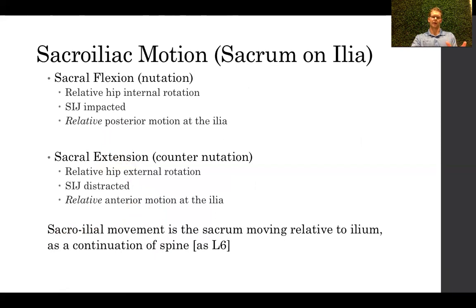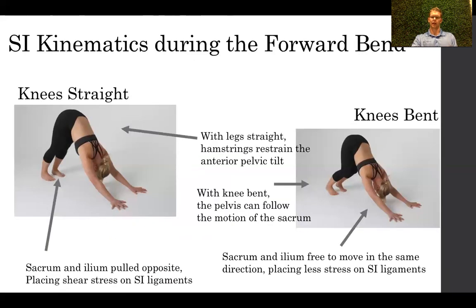A great way to break down this movement would be to look at this downward dog, which is a yoga pose, but really you could think about it as a hamstring stretch in what's happening here. When the knees are straight, the sacrum and ilium are pulled opposite, which can put extra stress across the SI ligaments. So as someone bends forward, the ilium will move in one direction, but the sacrum is going to follow the spine.